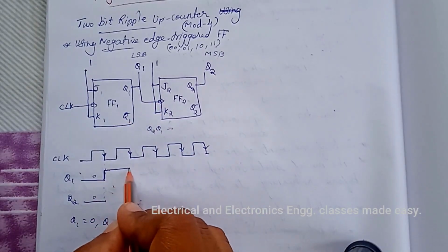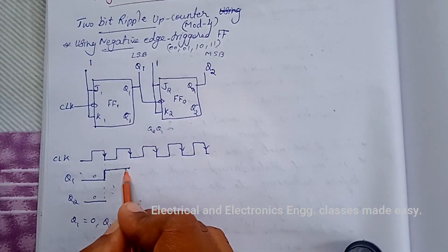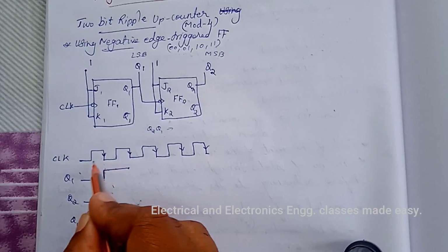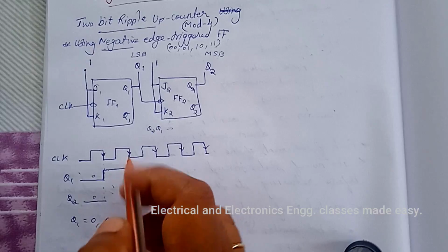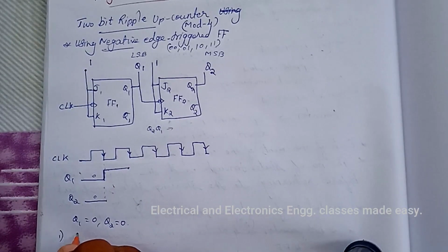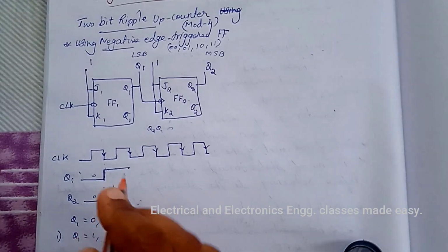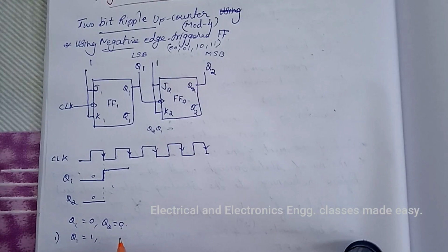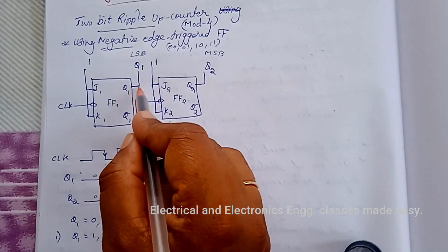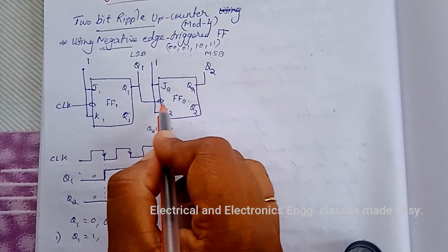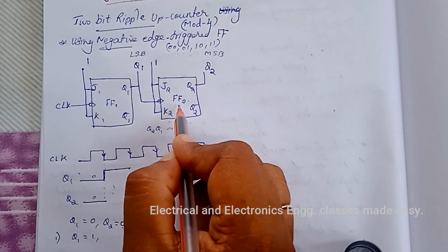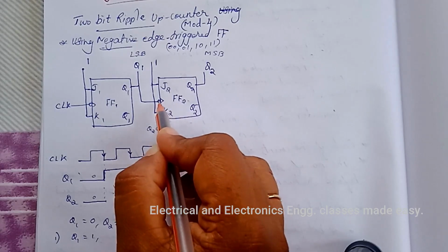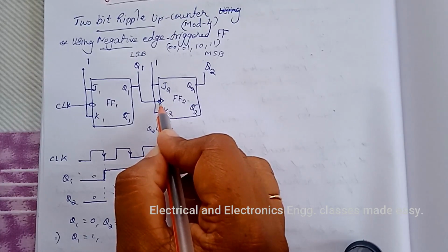That is, first clock pulse Q1 equal to 1. And what will be Q2? This 1 is applied to the clock input of the second flip-flop, which is a negative edge triggered flip-flop.